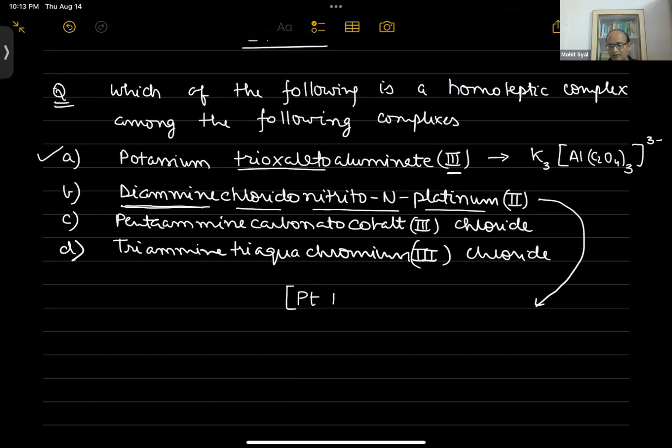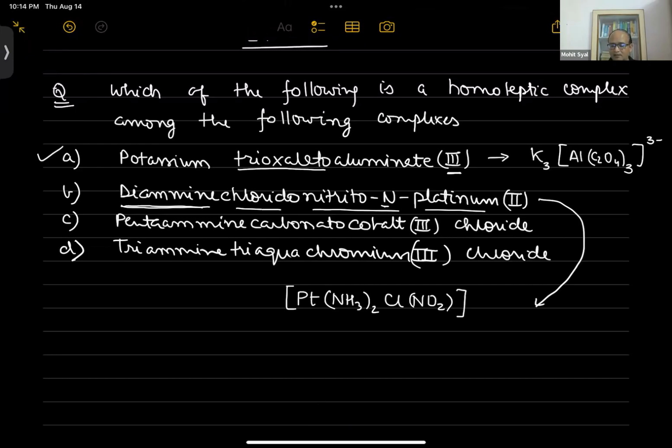Is it clear? So NH3 whole twice. And there is a chlorido, which is Cl minus. Nitrito N. Nitrito is NO2 or ONO? The donor site is nitrogen, so nitrito is connected through N. Is it clear?